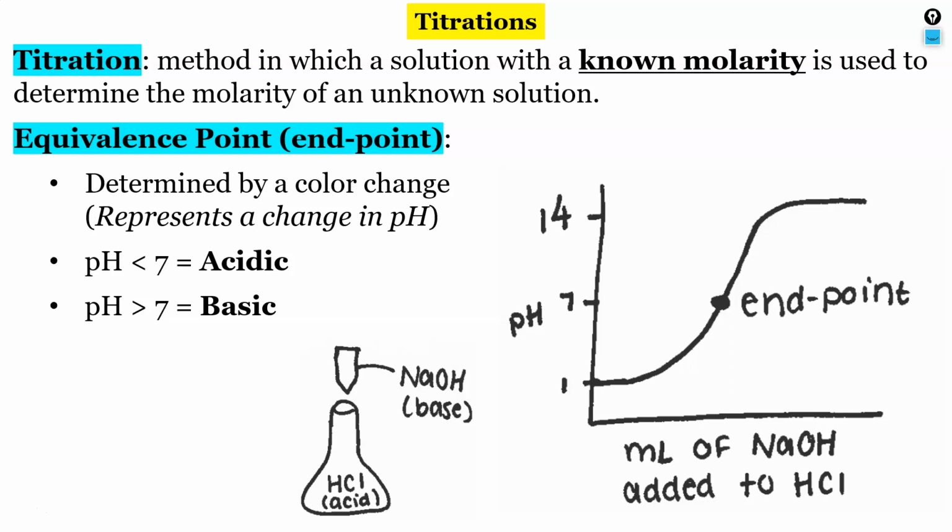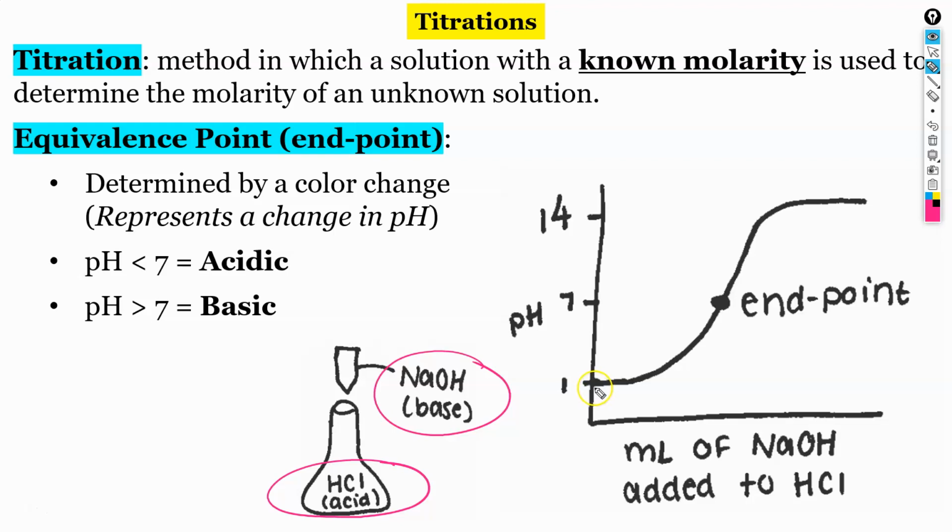So the equivalence point, when we do a titration, is determined by a color change, and that represents a change in pH. A solution with a pH less than 7 is acidic, and a solution with a pH greater than 7 is basic. So what's happening is we're taking a base and adding it to an acid, one drop at a time.